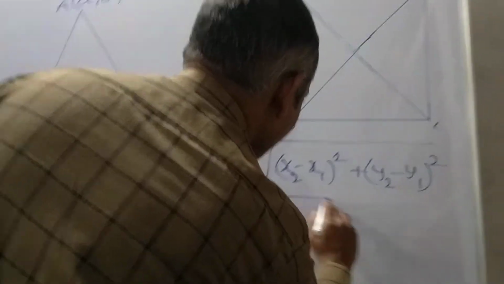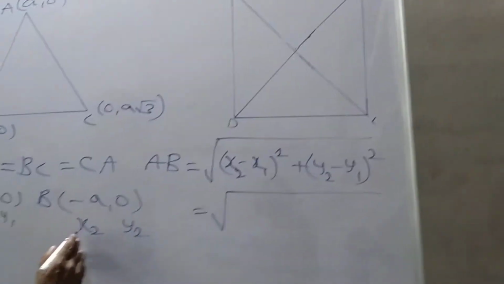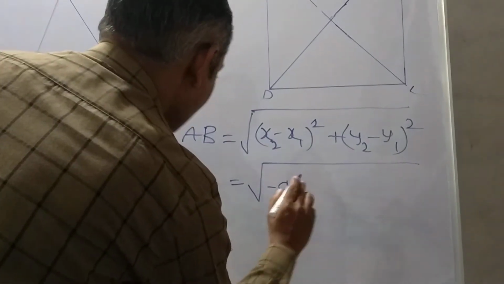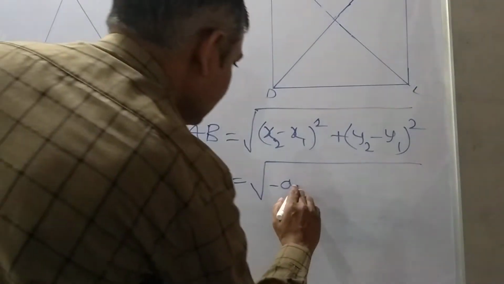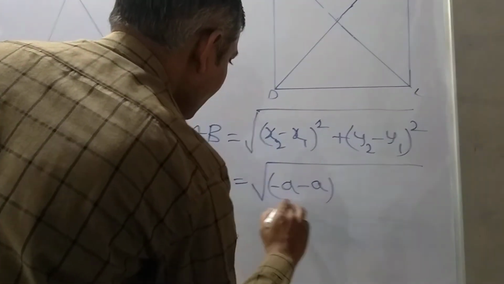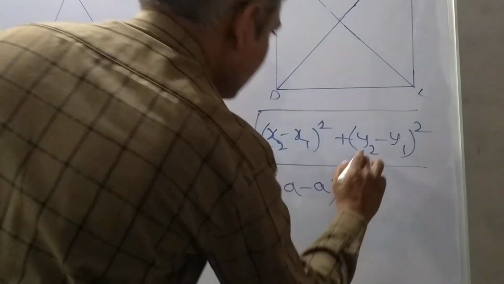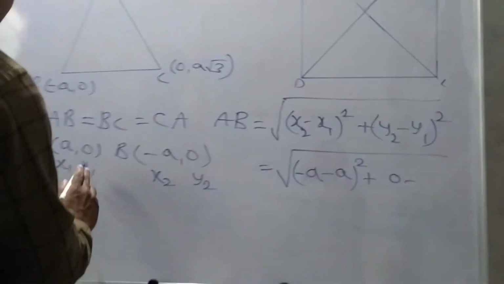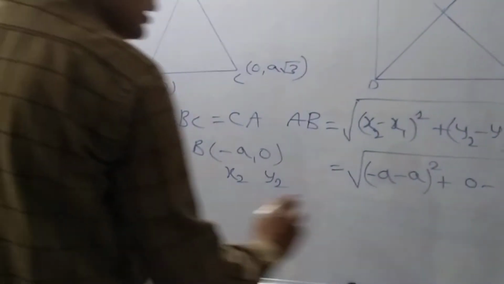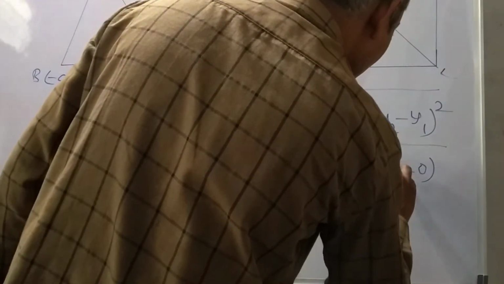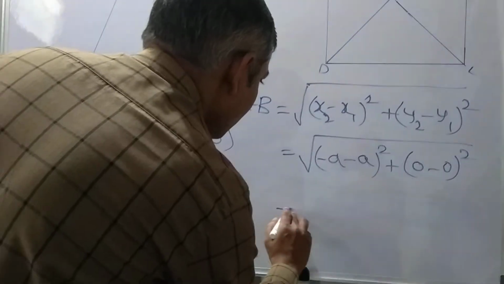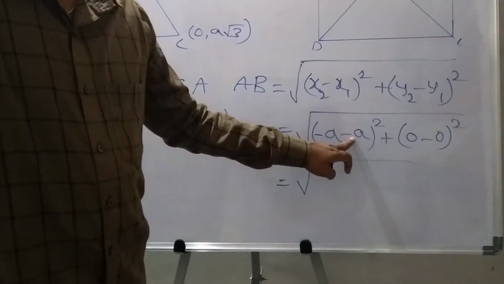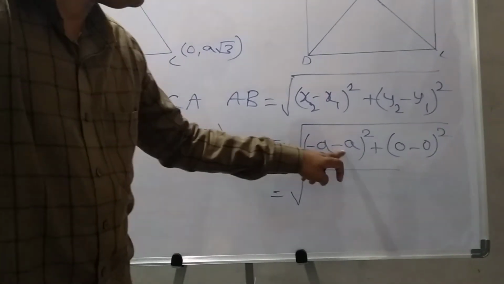x2 means here minus a, minus x1 means minus a, whole square, plus y2 which is 0, minus y1 which is also 0. Here, minus a minus a, some students write minus cancels and it is 0.